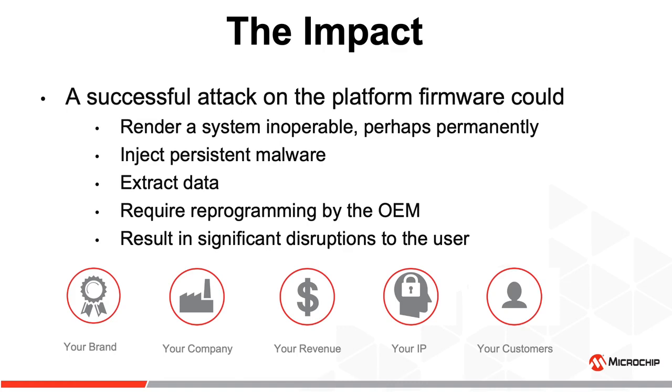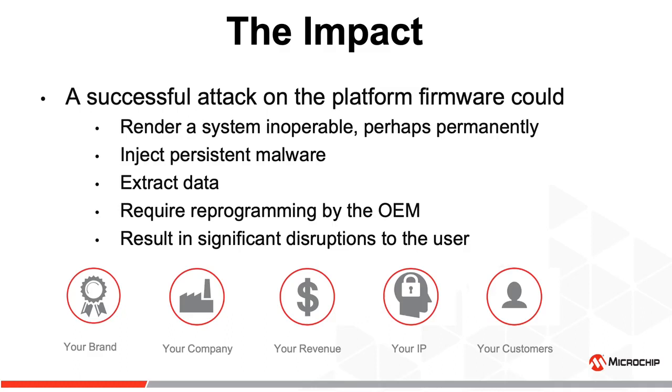As I mentioned earlier, one of the things that could happen during a successful corruption was to extract data. It could impact your IP. You could actually have competitors that are using this to get at your data to understand how to either incorporate it into their systems or use it as a way to compete against you.